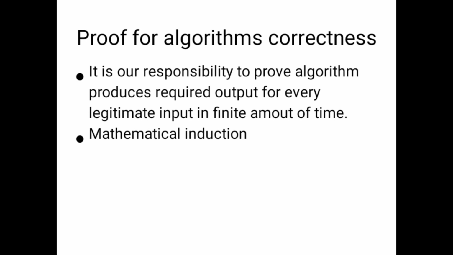After specifying the algorithm for a specific problem, we have to prove its correctness. It is our responsibility to prove that the algorithm produces the required output for every legitimate input in a finite amount of time. Proof by mathematical induction is most appropriate for proving the correctness of the algorithm.